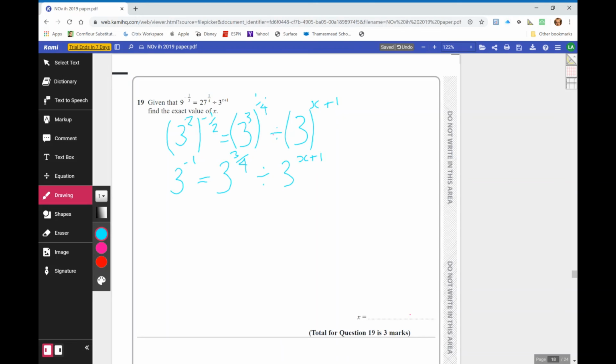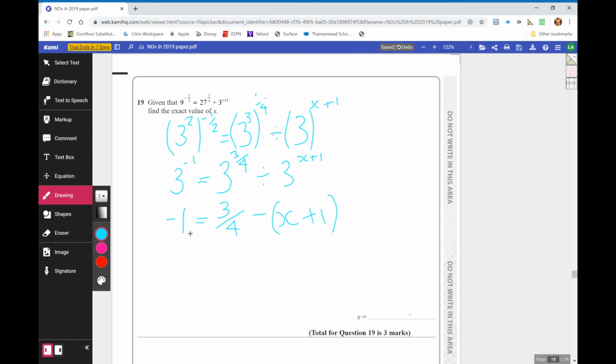Okay, now the thing to remember with indices, when you divide indices, you actually take them away. So if we just change this around to show that we just look at the indices, and they behave in a very different way. Obviously the division is a minus, so 3/4 minus x plus 1.